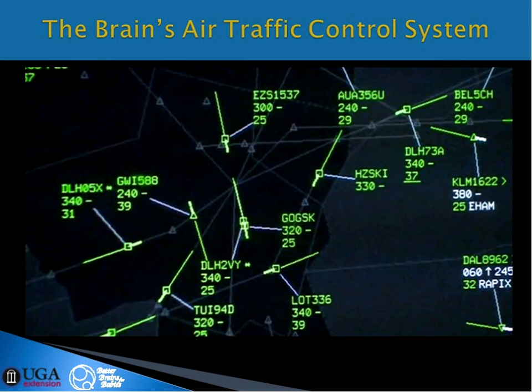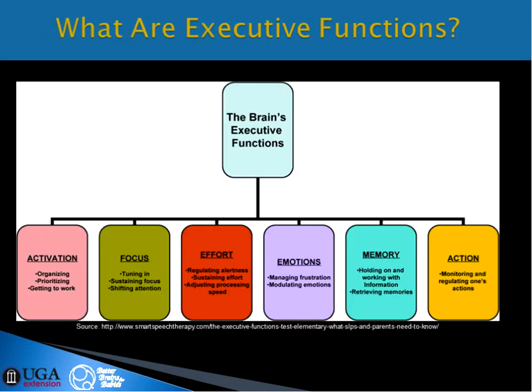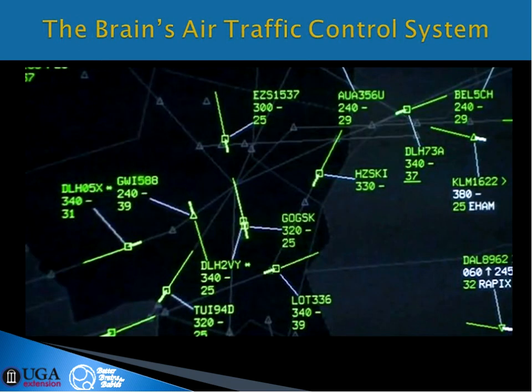The same kind of thing is happening in the brain when we think about all of these skills that we've just looked at. In order to do a complex task successfully, you've got to be able to juggle your focus and your memory and your organization and deal with your emotions, inhibit your impulses, all of those kinds of things all at the same time.